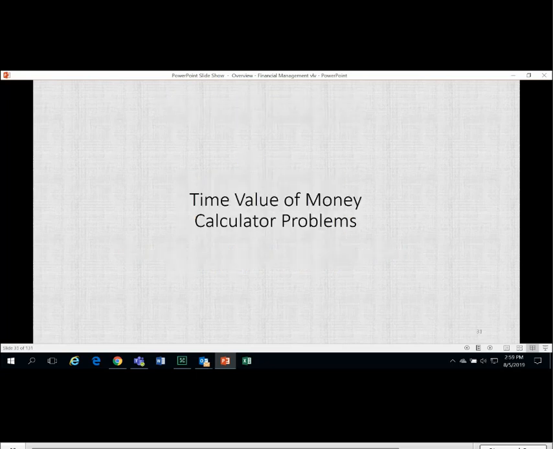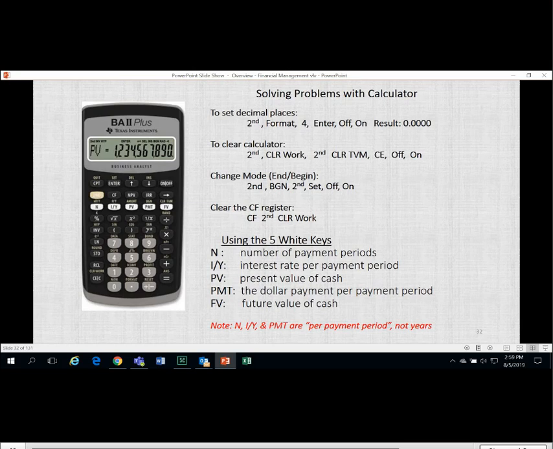So let's look at some time value of money problems. First, a quick look again at the calculator. Of course, the TI BA II Plus is the recommended calculator and the one that's supported in this course by all professors. So the first thing you want to do is make sure that you've set the decimal places so that you have 4 decimal places.